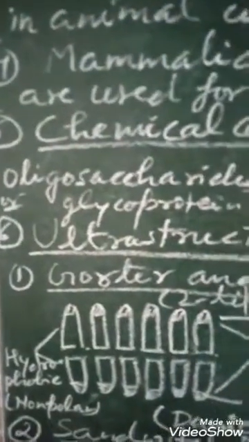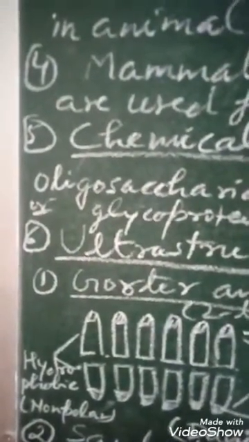The second model suggested at that time was the sandwich model or bilayer model or trilaminar layer, and it was proposed by Danielli and Davson in 1935.